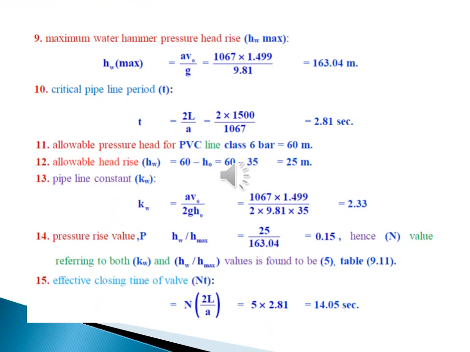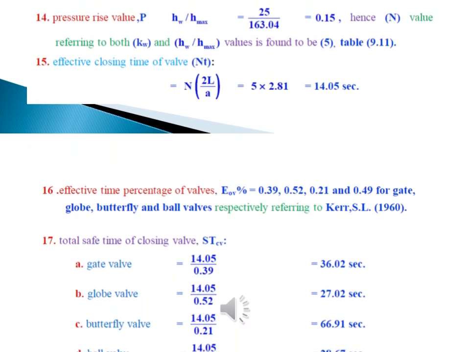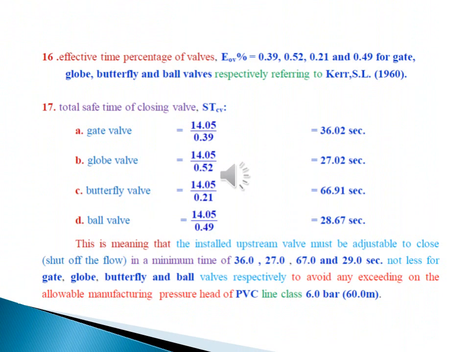The rest of the calculation: the maximum water hammer pressure head rise, critical pipeline period, allowable pressure head and head rise, pipeline condition, and effective closing time of the valve. The final calculation of the total safe time of closing gate, globe, butterfly, and ball valves, respectively.